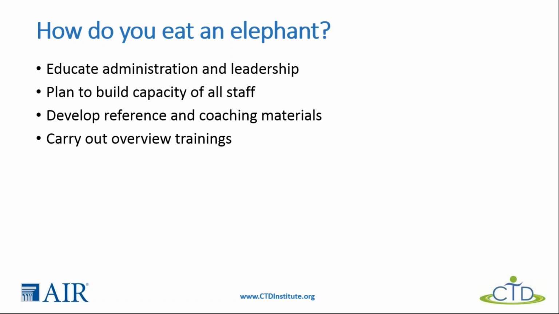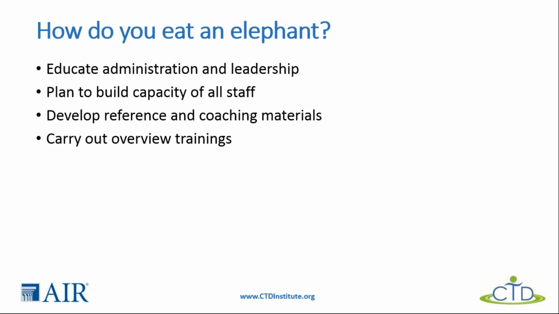We started out by carrying out overview trainings. So one of the things that we realized was that the scope of all of this was quite large. It encompassed any kind of communication that might reasonably be expected to occur from our agency to anybody else.